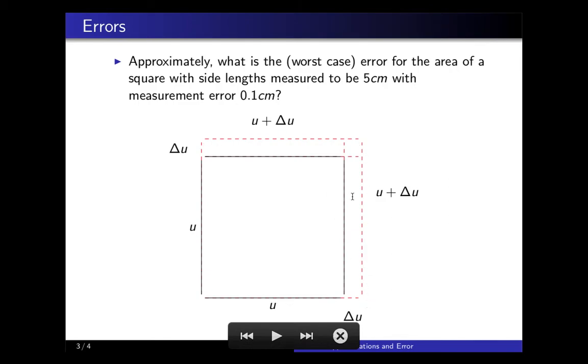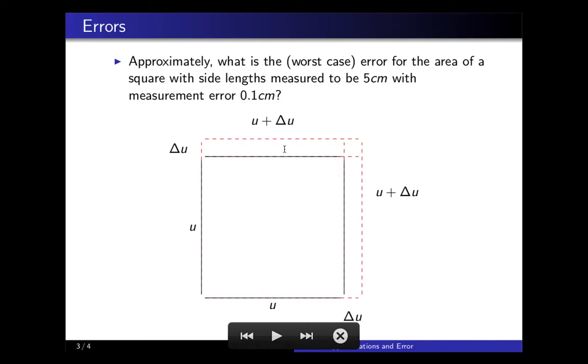And we'd have 3 pieces that we would have as extra. We'd have this segment up top that has height delta u and length u. We would then have this other long segment that has height u and length delta u. And then we'd have this third part, which would be a small square with side lengths delta u.